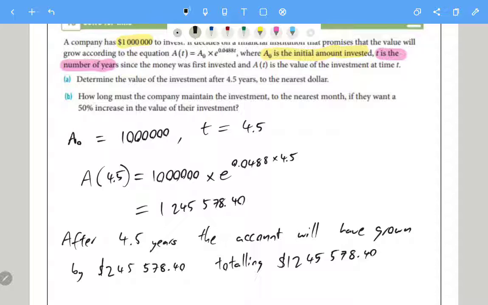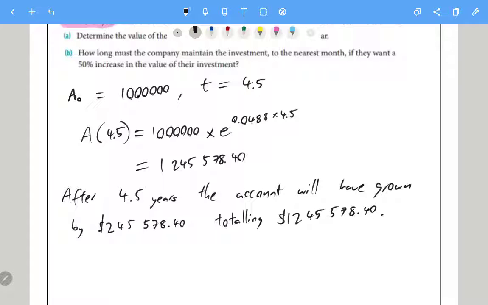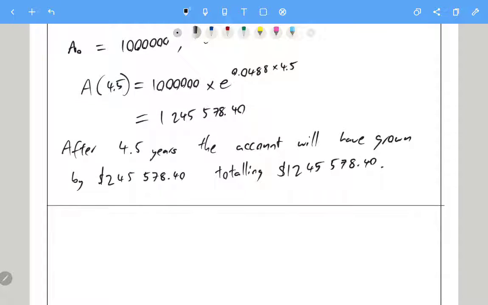How long must the company maintain the investment to the nearest month if they want a 50% increase in the value of their investment? So, since we're looking at $1 million to start off with, a 50% increase would be $1 million times a multiplier of 1.5.